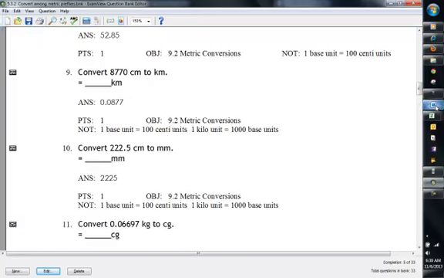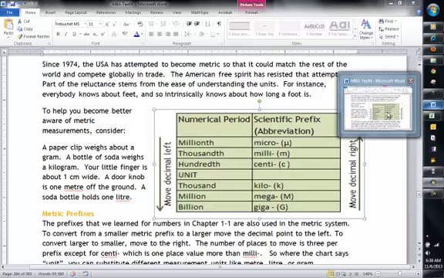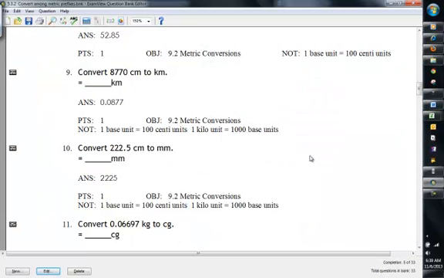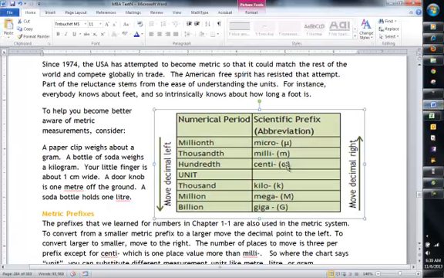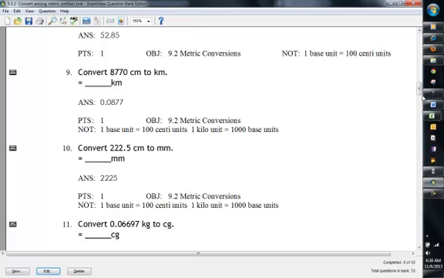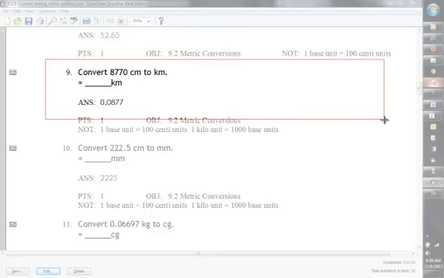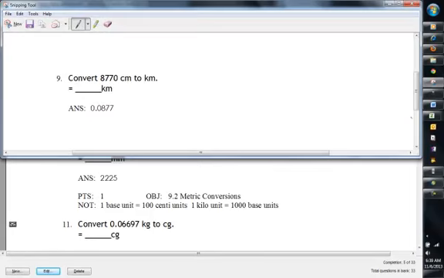Next one, centimeters to kilometers. This is probably the hardest kind of conversion because on our chart, we're going to move from centi to kilo. Well, this move is 2 places, this move is 3 places, so it's a total of 5 places. So 8770, move it 5 places to the left. 1, 2, 3, 4.